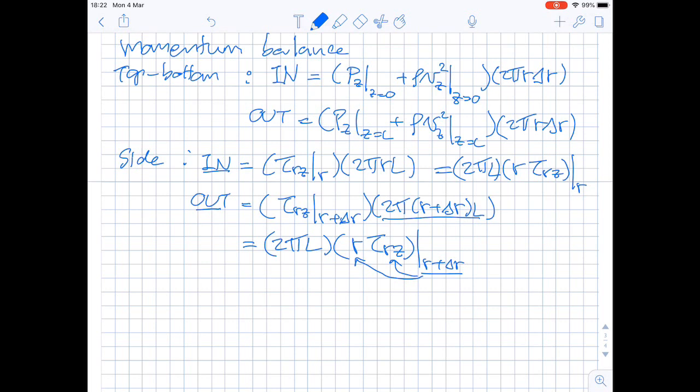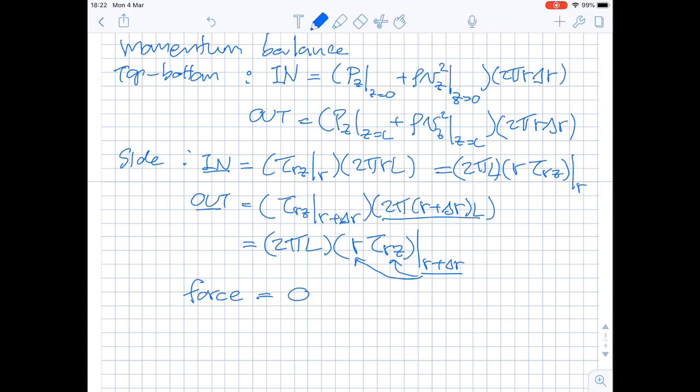Once you're done, then you can take them together into the balance, because for this particular problem, the external force is equal to 0, because the problem states that gravity can be neglected.